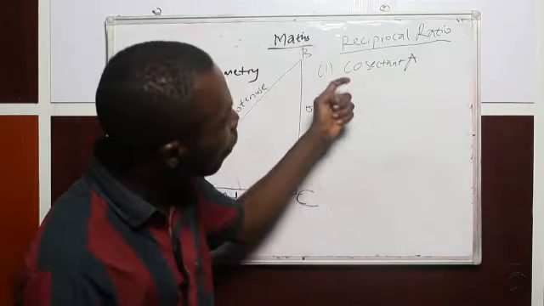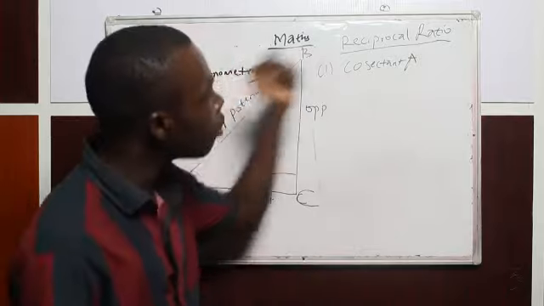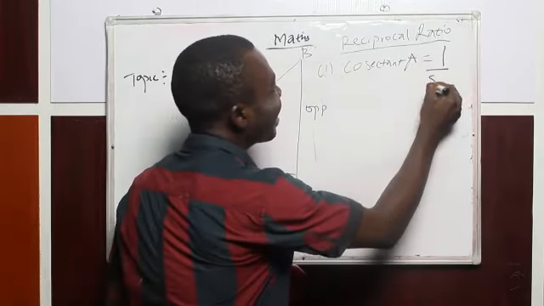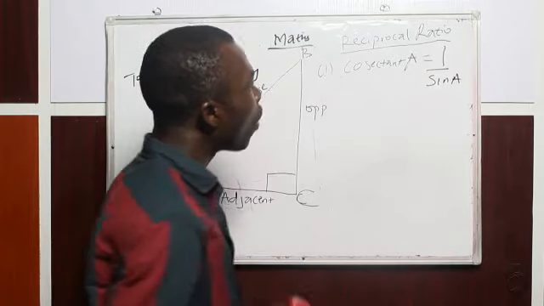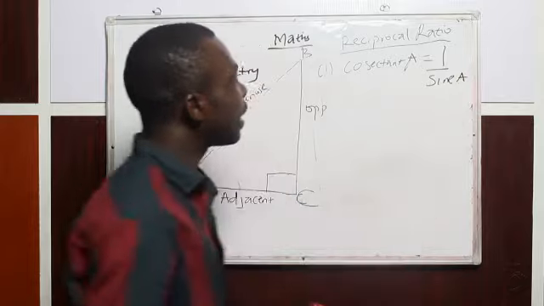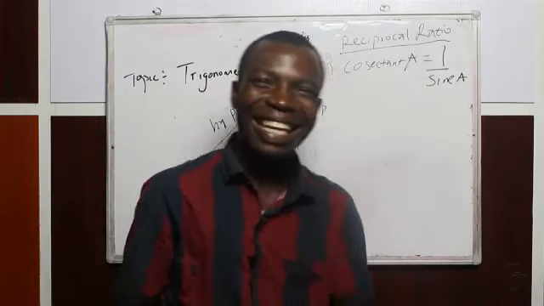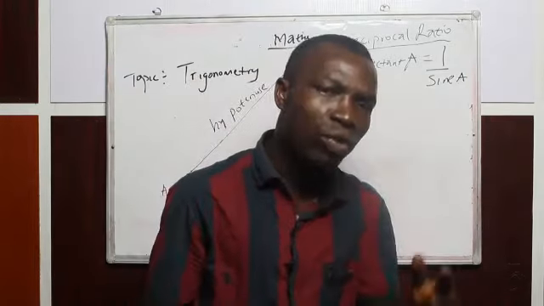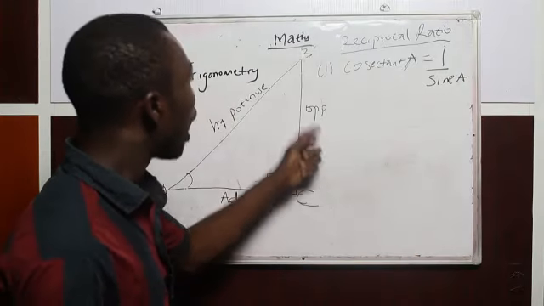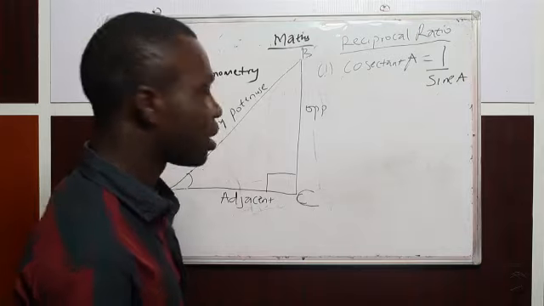Good. This cosecant A is equal to 1 over sine A. That's the meaning of cosecant A. We consider this angle A because it is the angle that faces this side, and also it has the longest side, the hypotenuse.